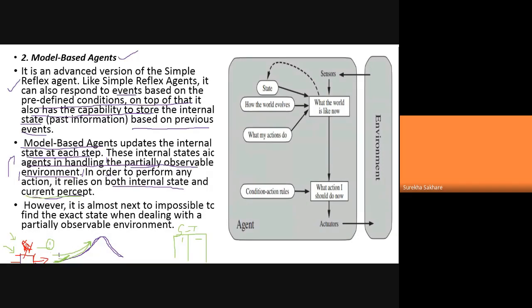This current percept is going to be stored for the next location, and it is going to move on and do the job it has been told. Now, because it knows that one stone has already been picked, the second time it will not pick the same. It will go for another type of stone, and that way it will be stored. Now the information is collected.